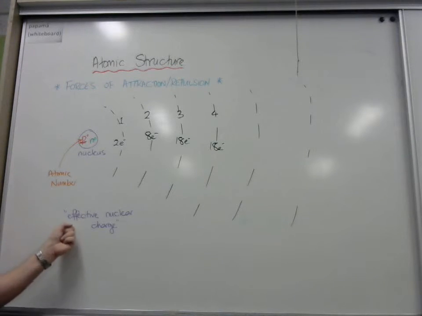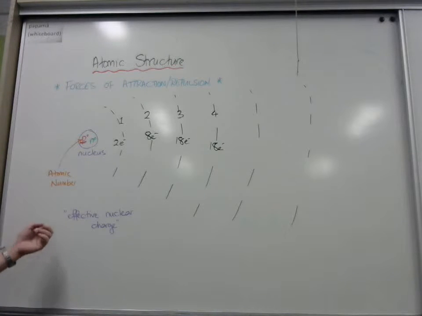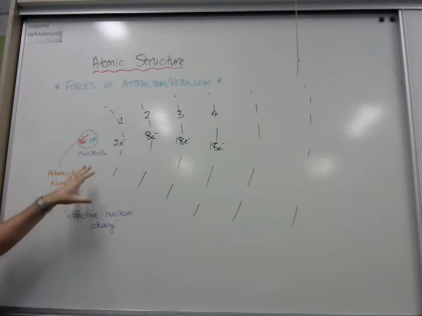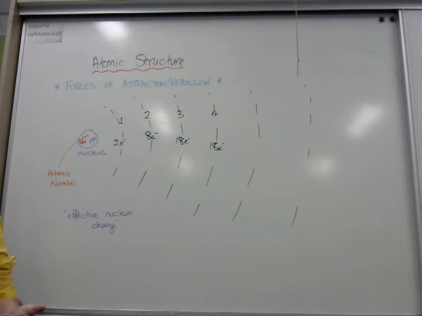But that doesn't mean it has a bigger effective nuclear charge. There are other things that affect how strong that is. So if I had a look, for example, at the radius of lithium versus sodium, sodium has a larger nuclear charge, but it has a smaller effective nuclear charge on the outermost electron.